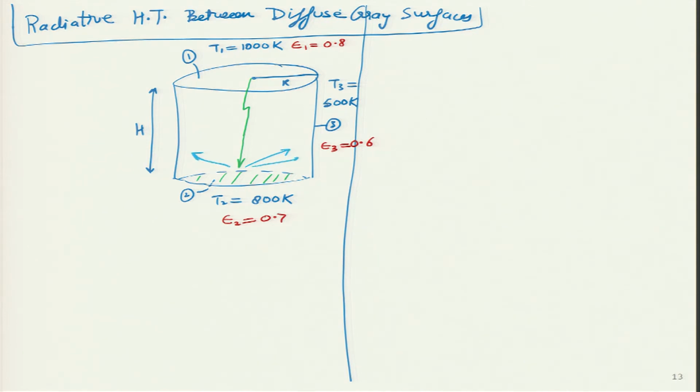And since we are using the word diffuse over here, the absorption, reflection and emission are all going to be diffuse. As a matter of fact, some part may even be reflected back to surface 1. So, this light blue arrow is indicating heat which started from surface 1, reached surface 2, and is reflected by surface 2 back to surface 1.